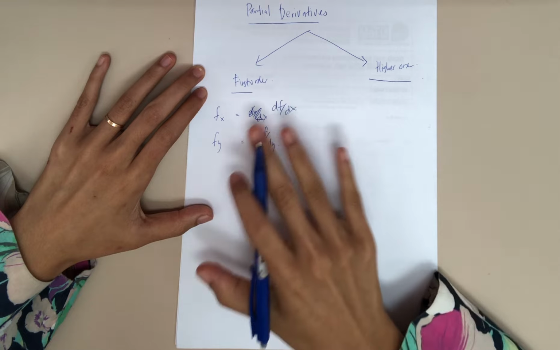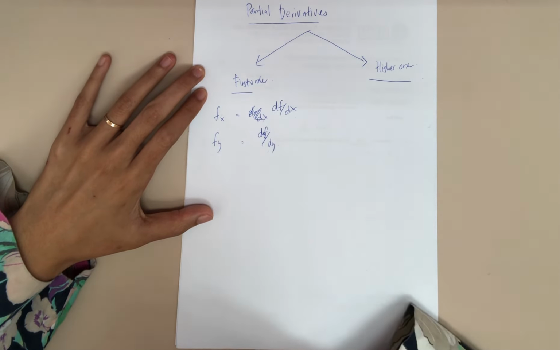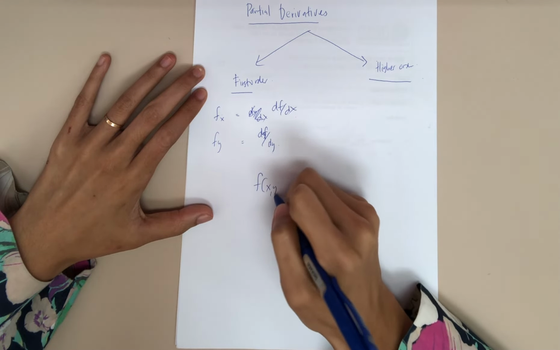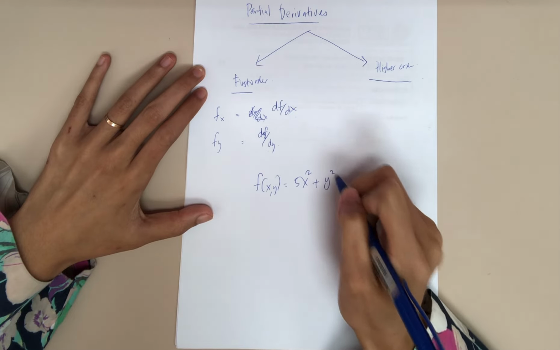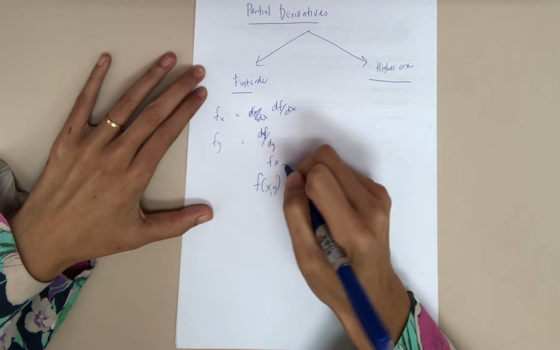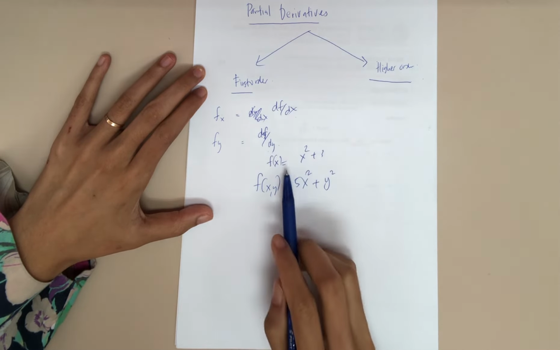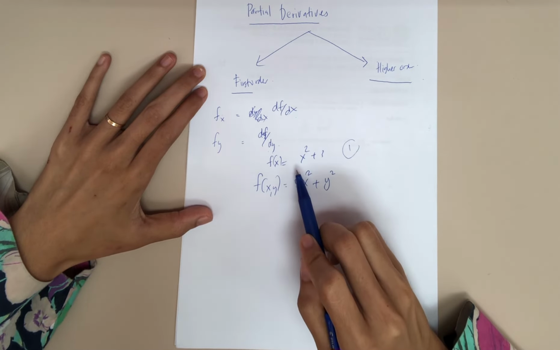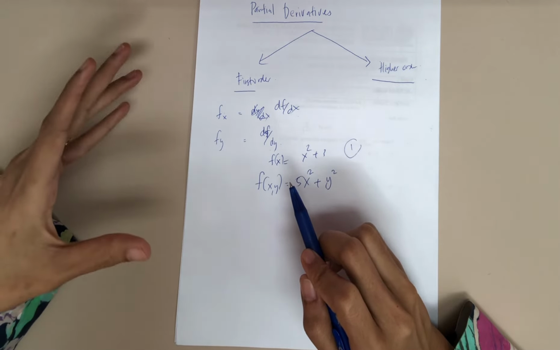All of you have dealt with this before, right? But the difference here is, let's say you have a function f(x,y) = 5x squared plus y squared. Before this, maybe you only dealt with a function of one variable, x only.